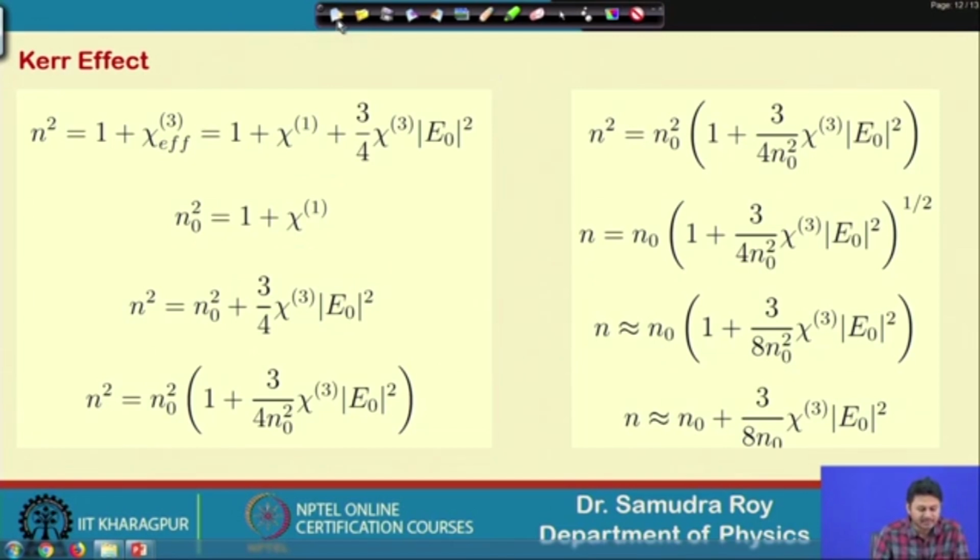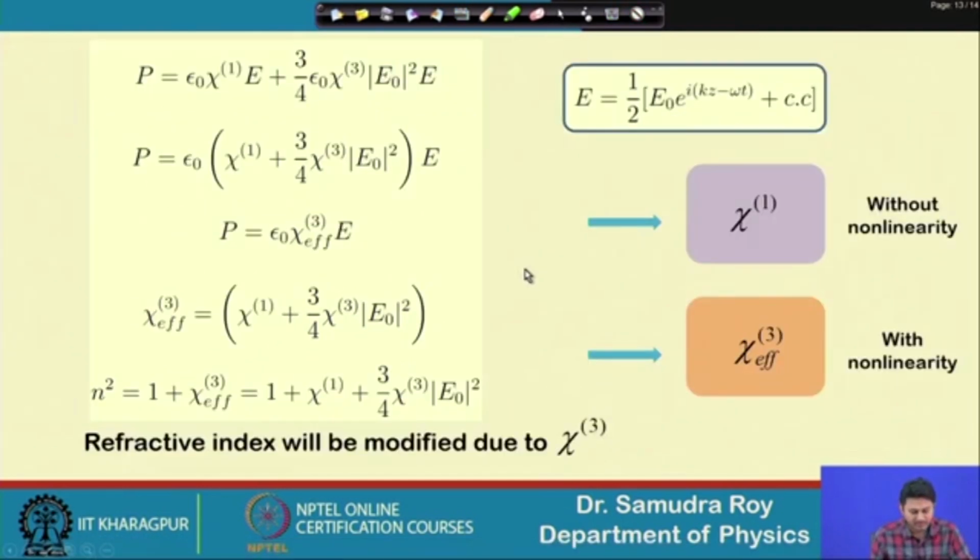If that is the case, then I can write this total refractive index in this particular form: n square is equal to n 0 square, because this term is now n 0, plus 3 by 4 susceptibility times mod of E square. In the previous calculation, we saw how this term comes.